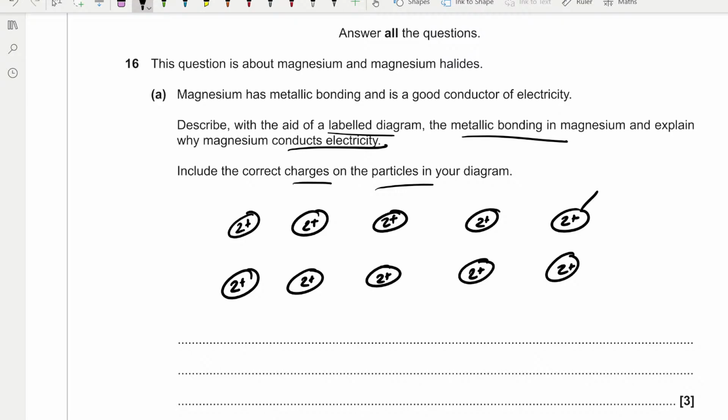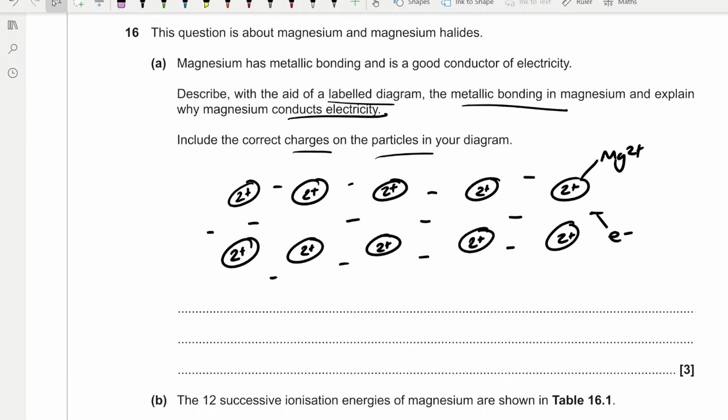And then we'll label that Mg2+. And then we'll have our electrons as minus symbols, the easiest way to draw them. And we'll label them e- or electrons.